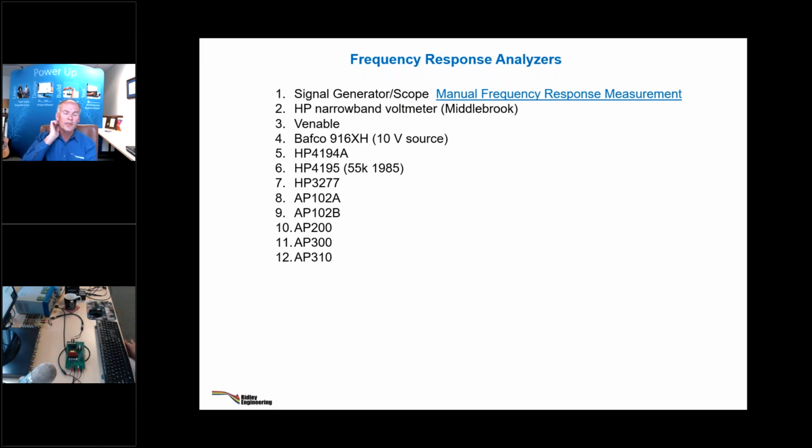And we started working with him back in the days of the AP 102, and then encouraged him, look, I really want this 10-volt source back. I want this power that the BAFCO used to have. So that showed up in the AP 300 and then in the AP 310. So this now has a 20-volt peak-to-peak source on it, and it's got a 2-ohm source impedance to go with that. So the power amplifier is built in all the way up to 30 megahertz.